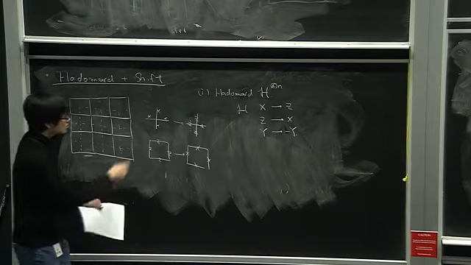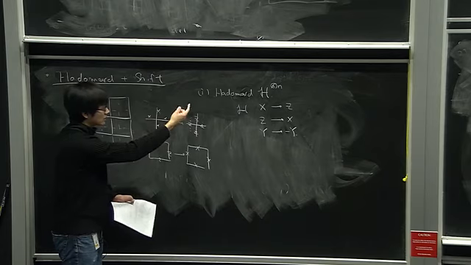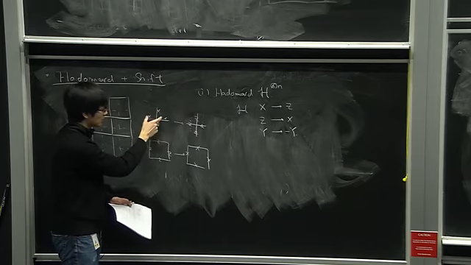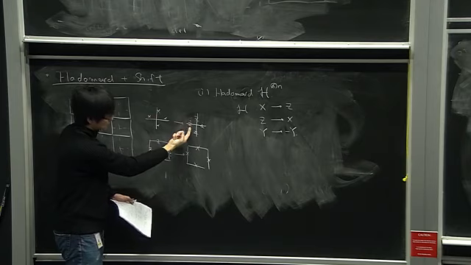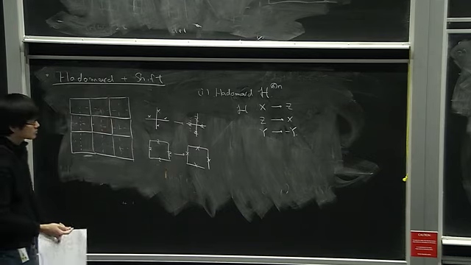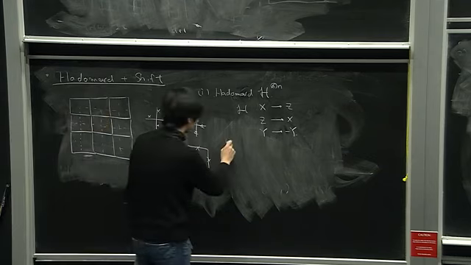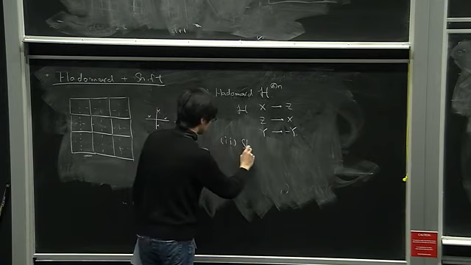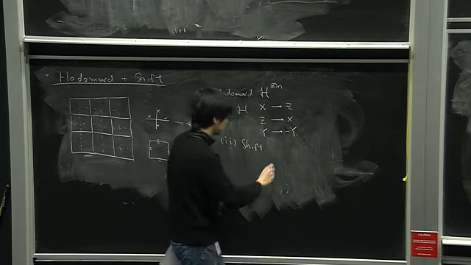So for this reason, by just applying the Hadamard gate, I have converted the toric code into another kind of toric code defined on a dual lattice. And if I want to go back to the original toric code, what we should do is shift the lattice.